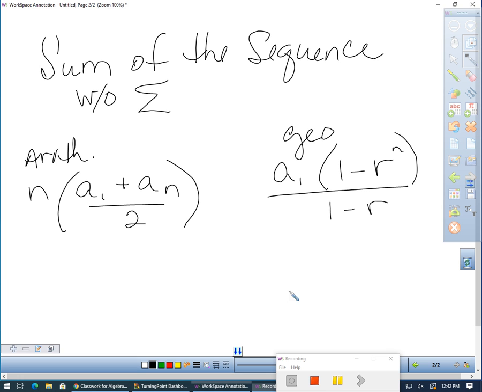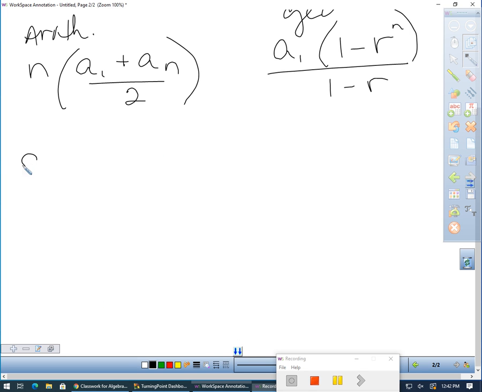So let's do a sum. Example number 3 using these formulas. This would be numbers 7 through 11.